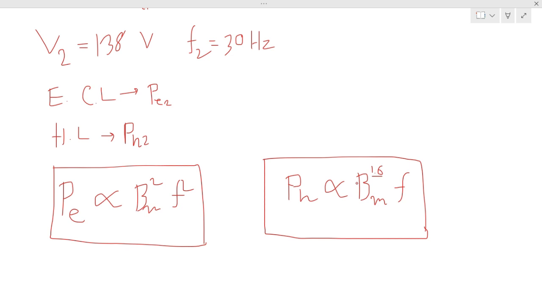The typical value of x is 1.6, so I can directly write 1.6 here. It is not an issue.